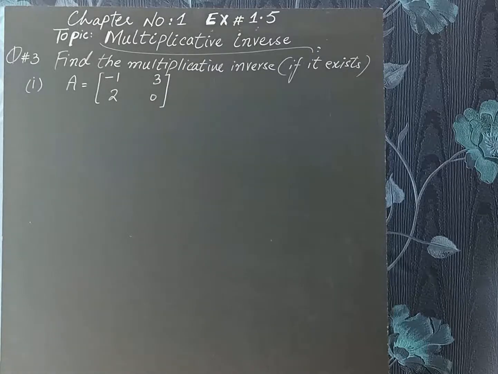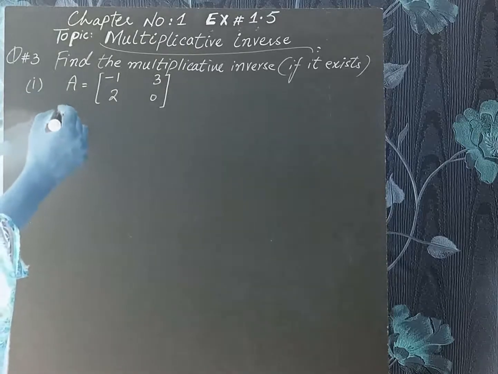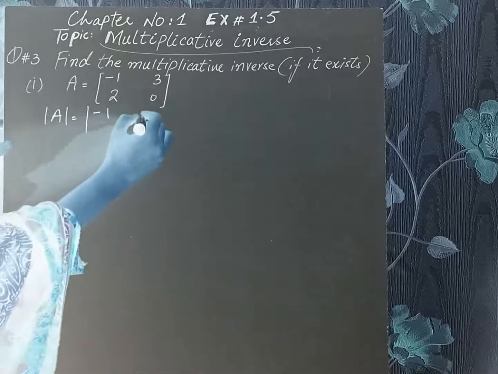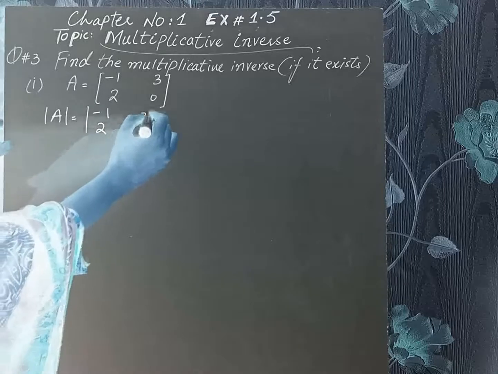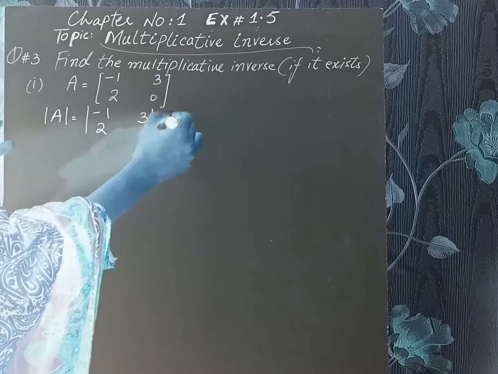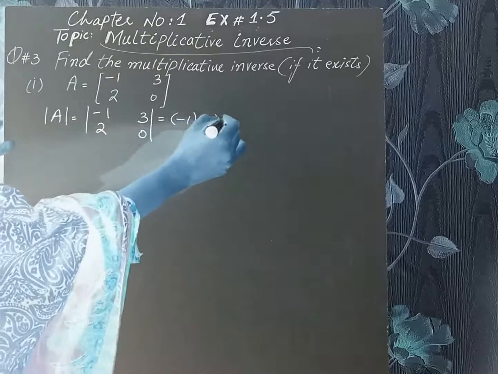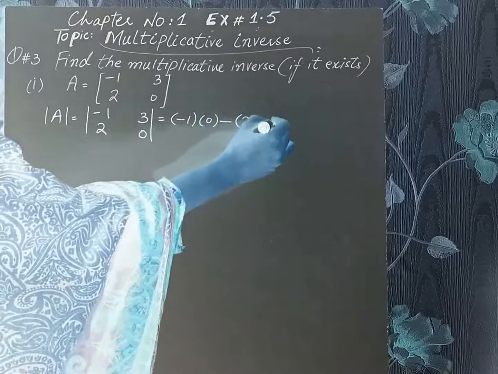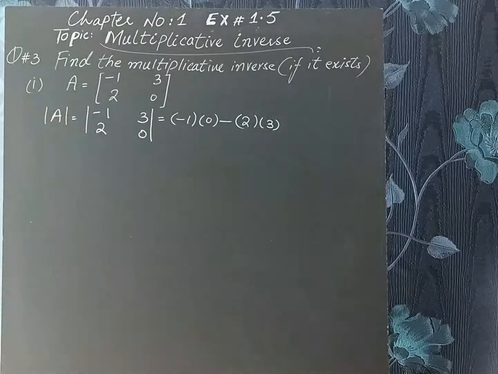For this purpose we will have to check whether it is a singular matrix or a non-singular matrix, and how can we check? By taking the determinant of that matrix. So first we will take the determinant of this. As I've told you how to take the determinant, directly I'm going to take -1 multiplied by 0 with the sign of -2 multiplied by 3, as the diagonal entries are multiplied with the sign of minus.